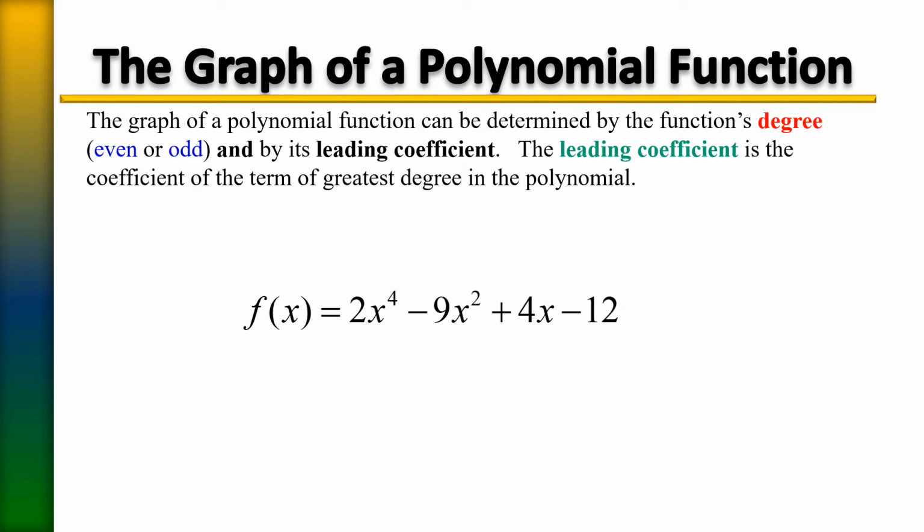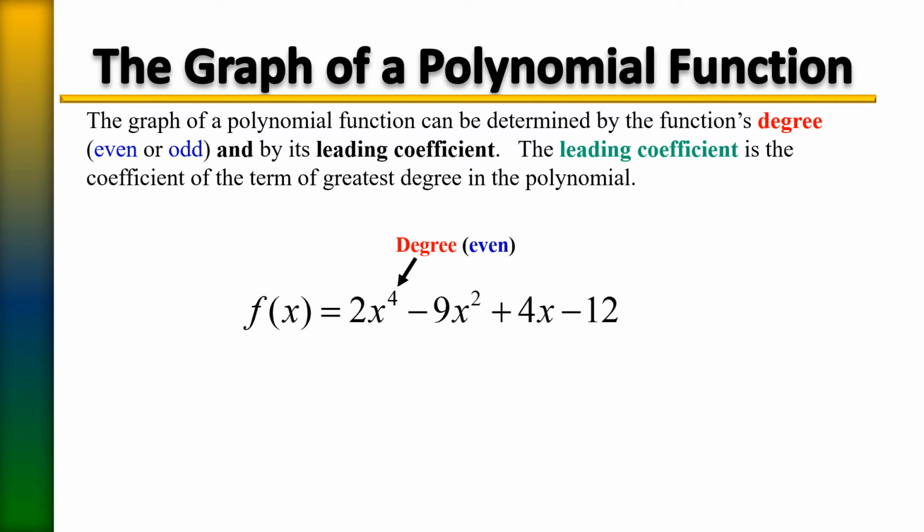Out of all those degrees, the term with the highest degree is the degree of the polynomial. So in this case, the highest degree is 4. Therefore, this is a 4th degree polynomial, which means it is even.